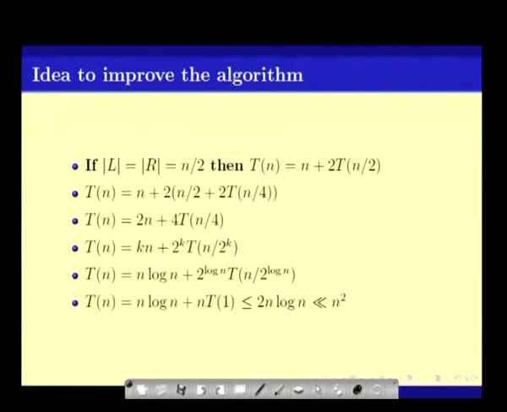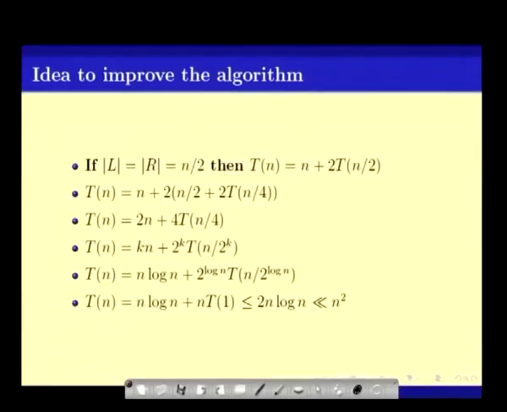So, if somehow I could have guaranteed that this set was split up into some equal sets L and R, I would have been in good shape. So, can we use the same idea to improve our algorithm and obtain such a bound?